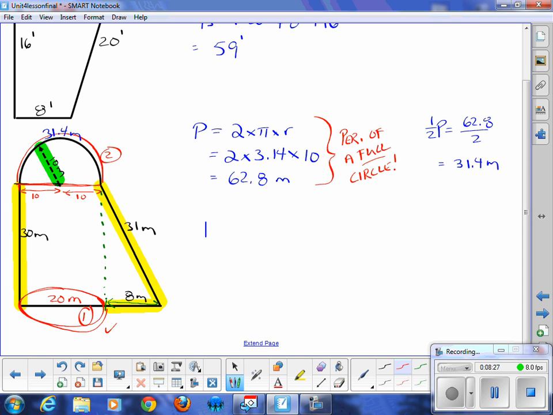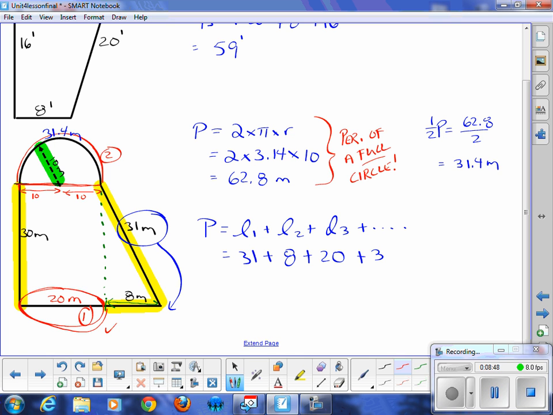So now we can go ahead and calculate the perimeter of this shape. Like I said, it's going to be the more challenging one because there are a couple of steps involved. Starting with 31 and moving clockwise, keep track, I would have 31 plus 8 plus 20 plus 30, and then around the circle at the top, the semicircle, it's 31.4. So there are the measurements for the outside.